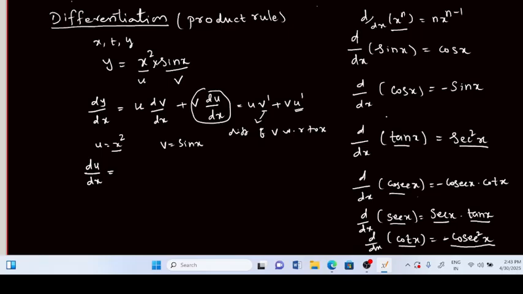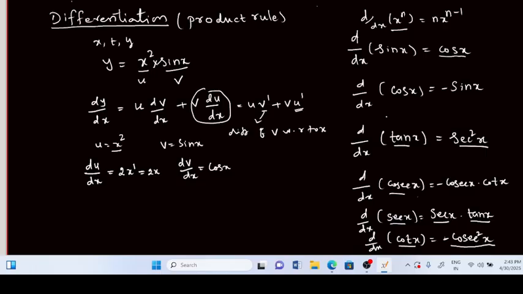If we substitute, we get 2 times x power 2 minus 1, which is x power 1, so it is nothing but 2x. Remember that x power is 1. Similarly, we differentiate v with respect to x. For sin x, the standard formula is that the differentiation of sin x is cos x.